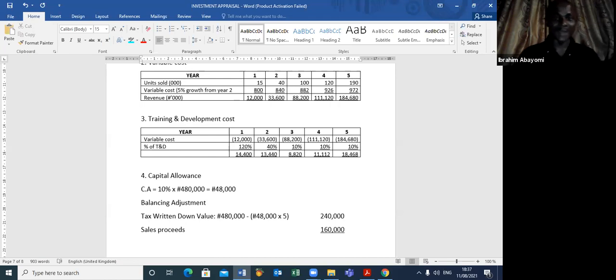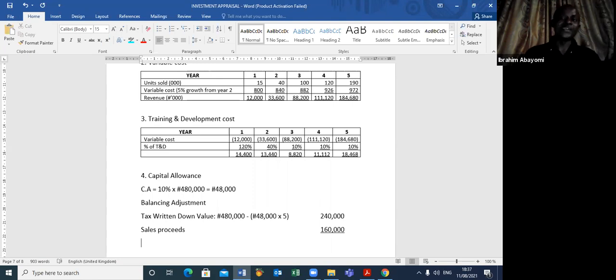My tax written down value is higher than the sales proceed. It means that I'm selling that asset at a loss. The interpretation of this is that the asset has 240,000 naira capital allowance that I can still enjoy. But now I sold the asset for 160,000, which is below the capital allowance I'm supposed to enjoy. Therefore, the asset is being sold at a loss.